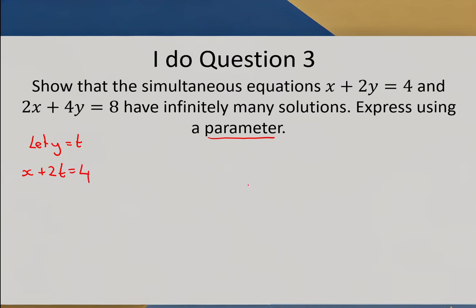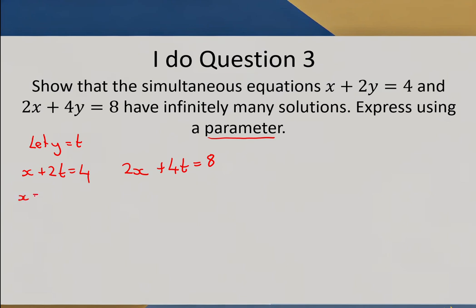And then my second equation gives me 2x plus 4t is equal to 8. So the next thing I'm going to be doing is simplifying by getting x by itself. If I want to get x by itself, then I'm just going to take away 2t.